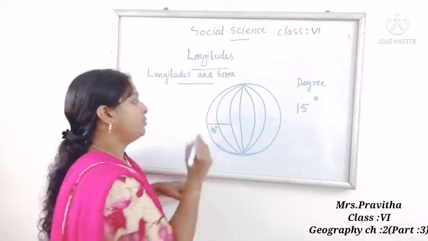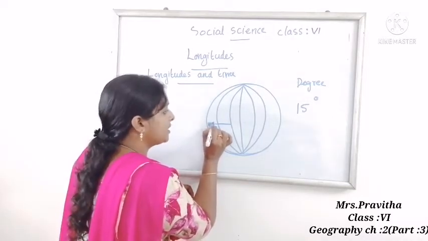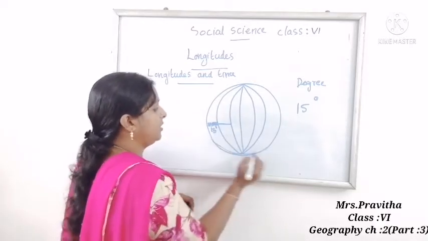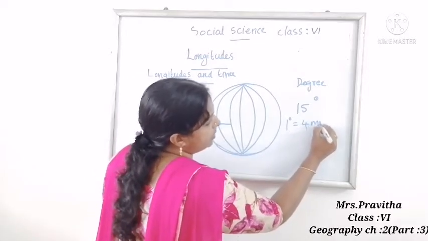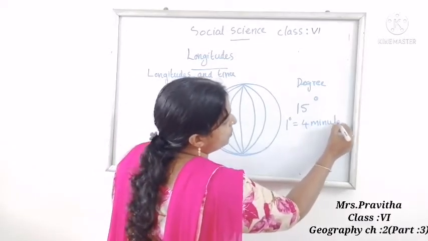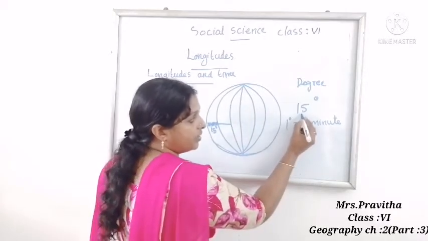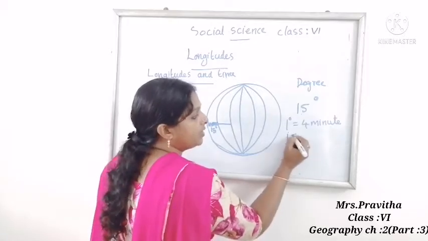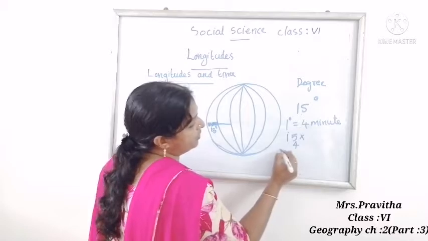In this 15 degrees, 1 degree equals 4 minutes. So 15 degrees equals how many minutes? 15 into 4, we can do.